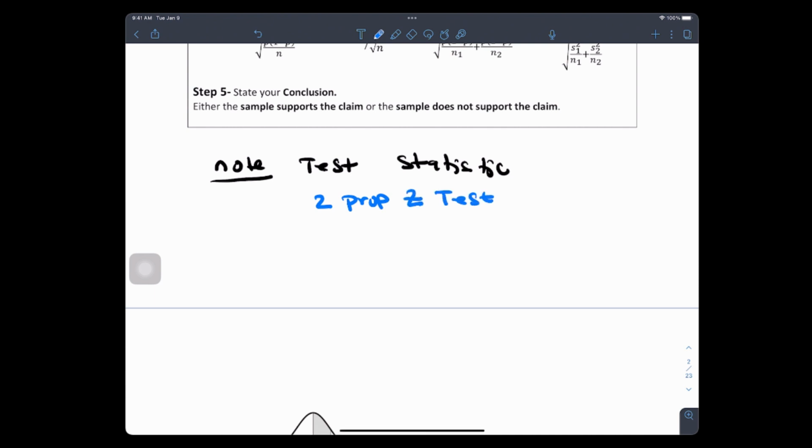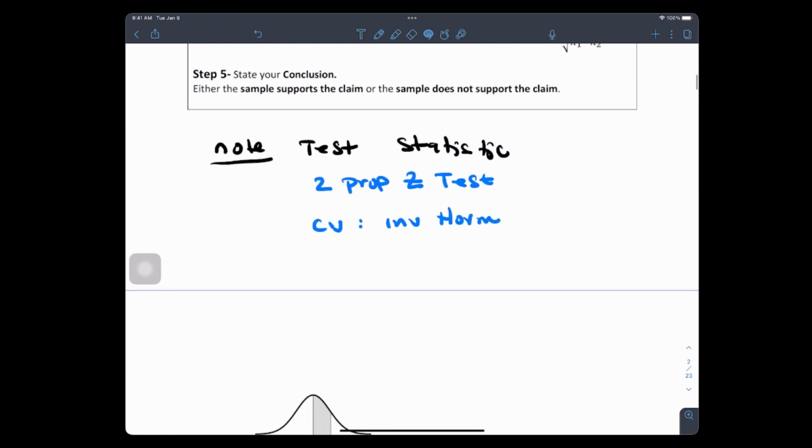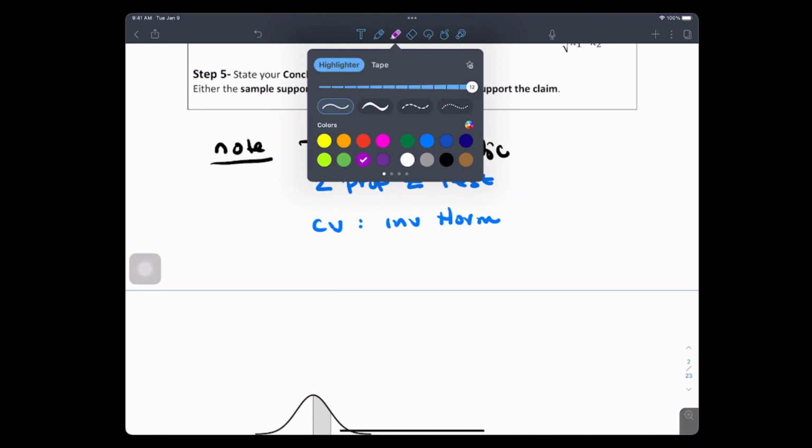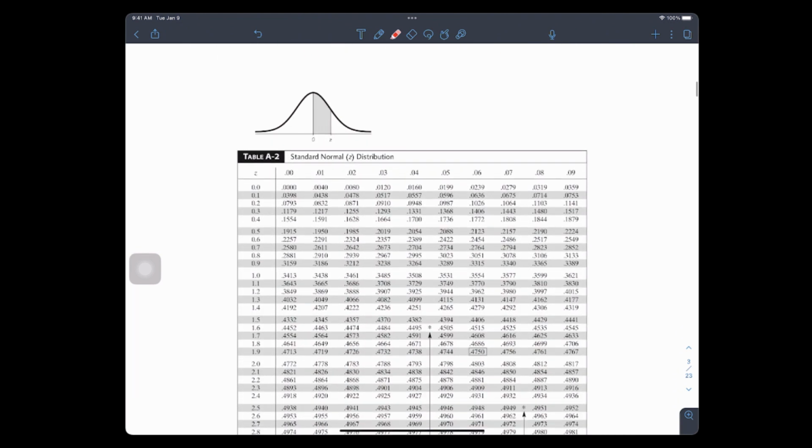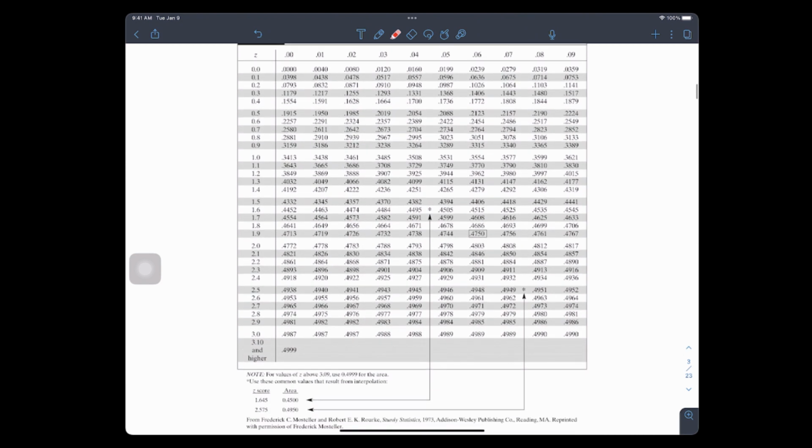I wonder why they call it two-proportion Z test. Because it's two proportions. For the critical value, you use inverse norm. And that is the only difference, ladies and gentlemen. You guys okay with that? We're going to dive into it now and look at some examples. Yes, in the old days, we had to use the Z table. Not anymore. We use the inverse norm.